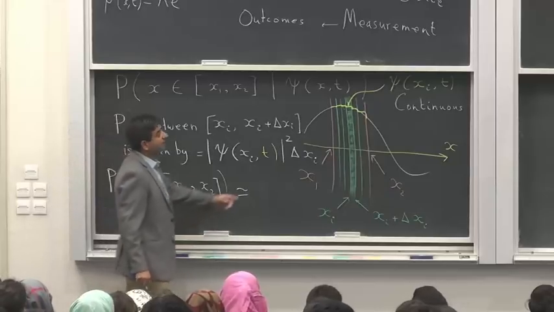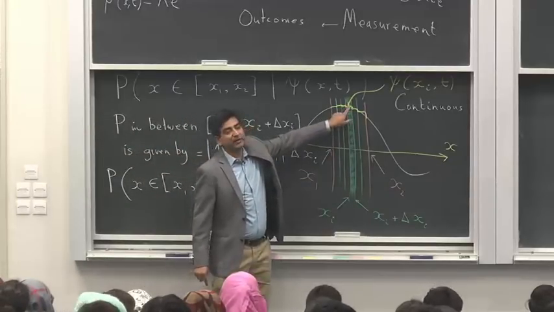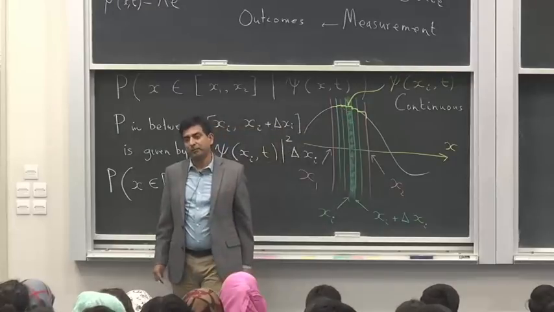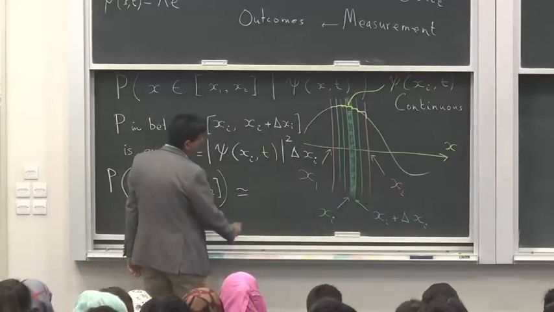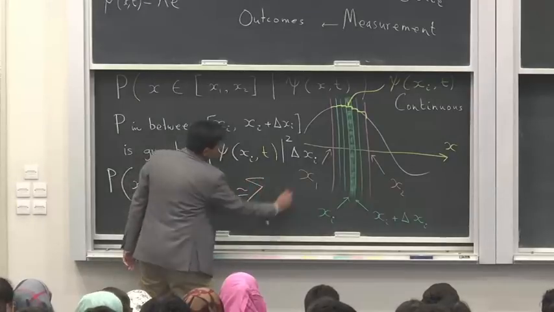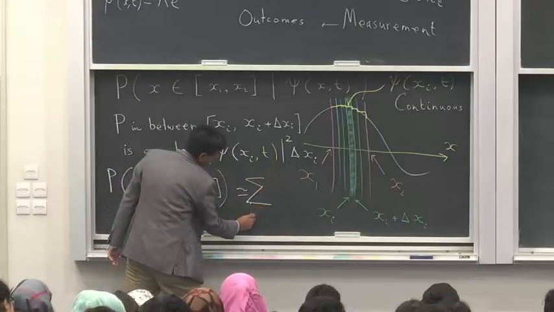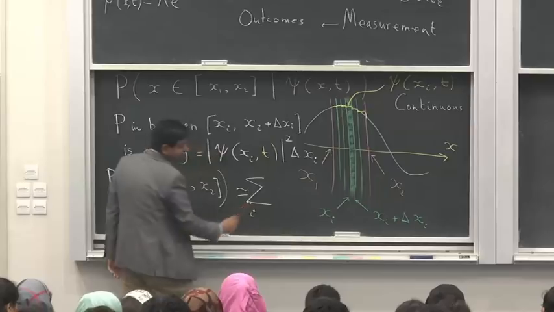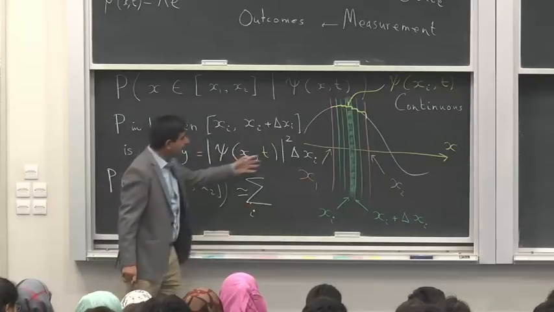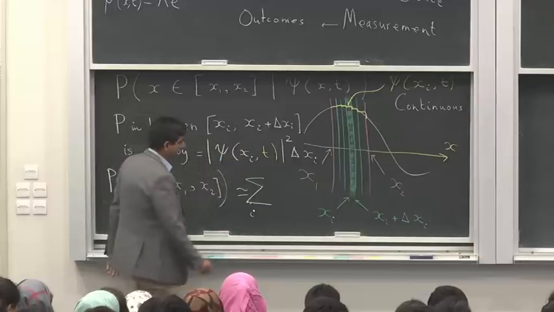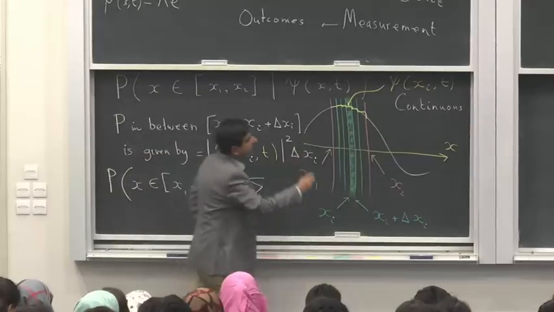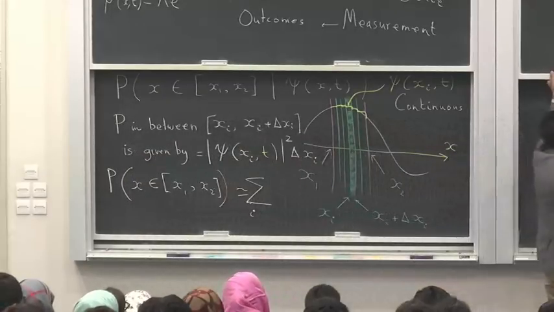Approximately because I'm making this assumption that the wave function is constant within each interval. It's going to be given by the sum over all i's. Let me write it on a bigger area.